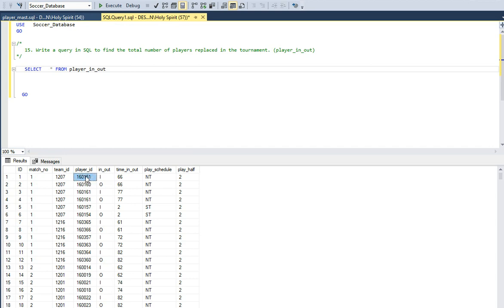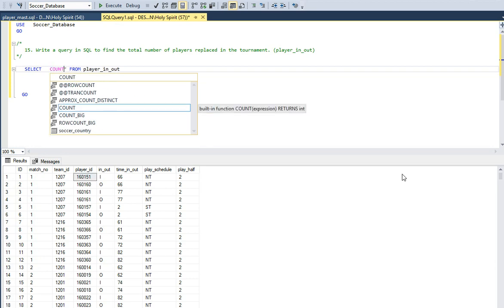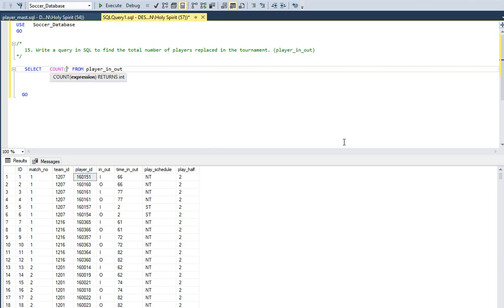And yeah, so count player ID from player in and out. Who came in?